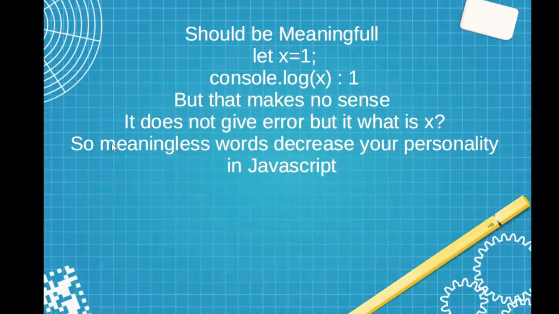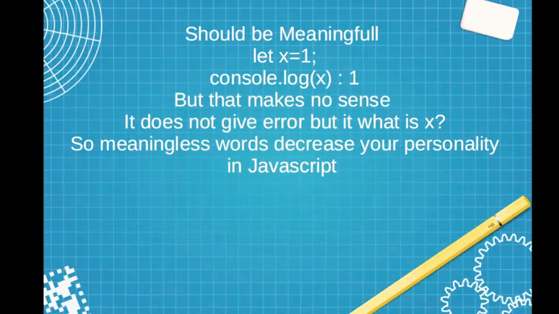Meaningless names are like let x equal to 1, let y is equal to 1. That decreases your personality in JavaScript, and it also makes nonsense stuff in projects. So don't use names like x, y, x1, y1. Use them on your own when just doing practice, but not in real-world projects. That is the rule which you need to understand.